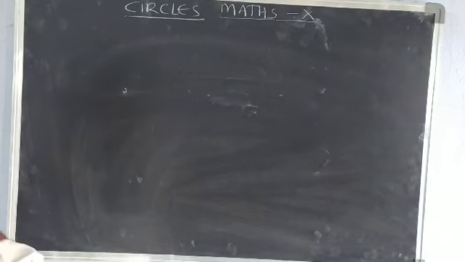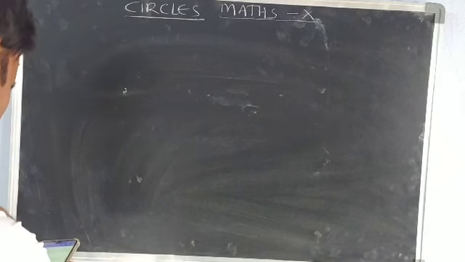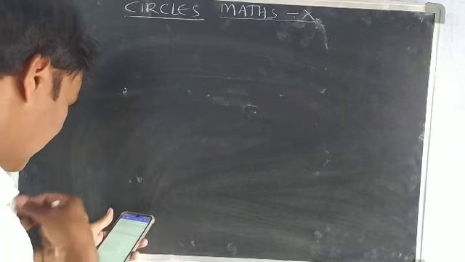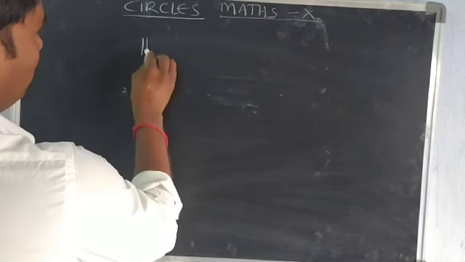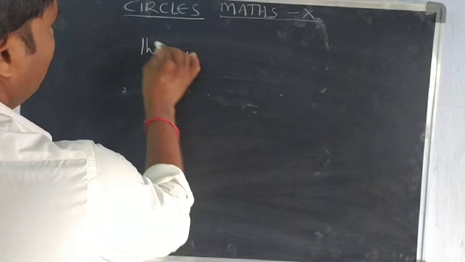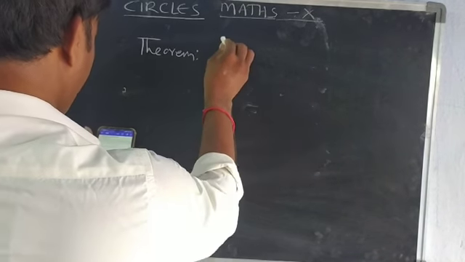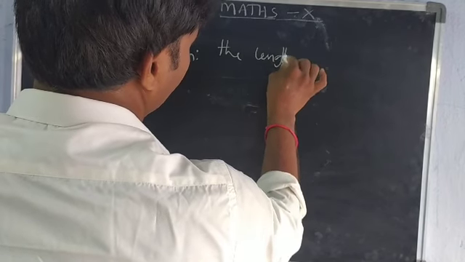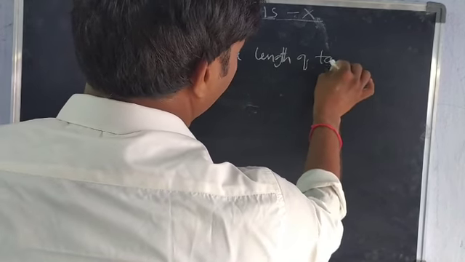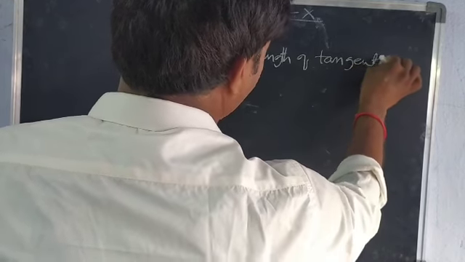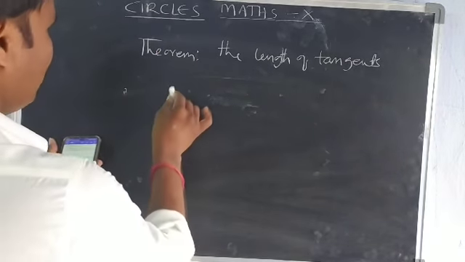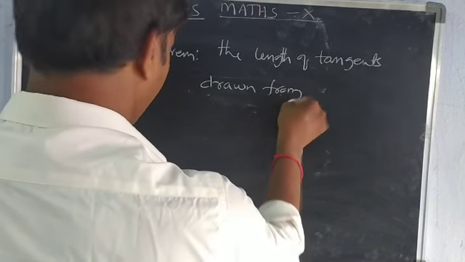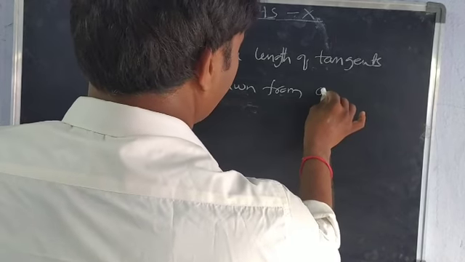The theorem statement is: the lengths of tangents drawn from an external point to a circle are equal.